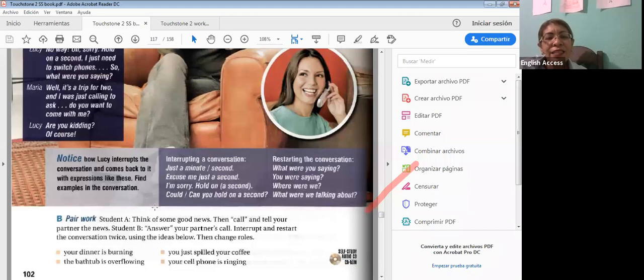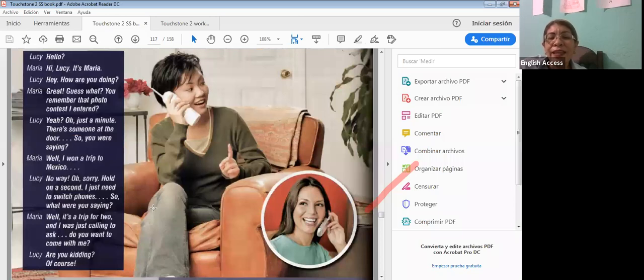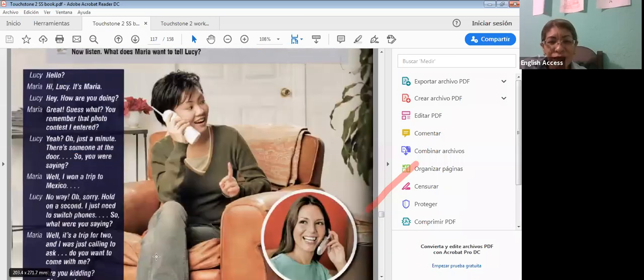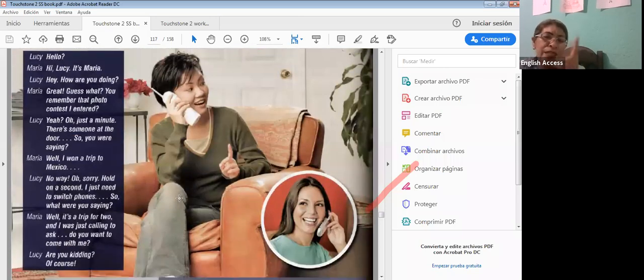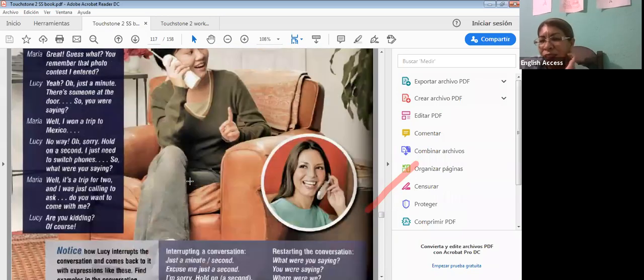It says interrupt and restart the conversation twice, so you have to do it 2 times. That's the reason why I said that you could use this conversation as a guide and only change the situations, the reasons why you were going to interrupt the conversation, and that's it. But you didn't follow this.